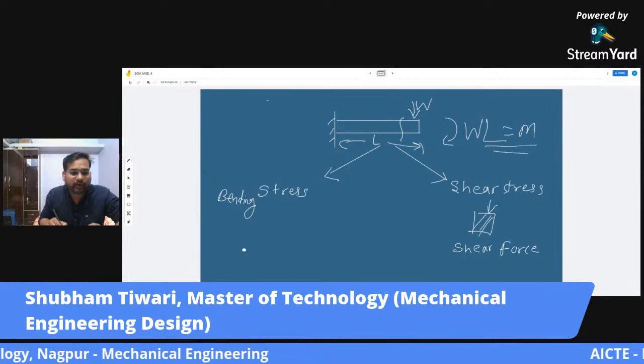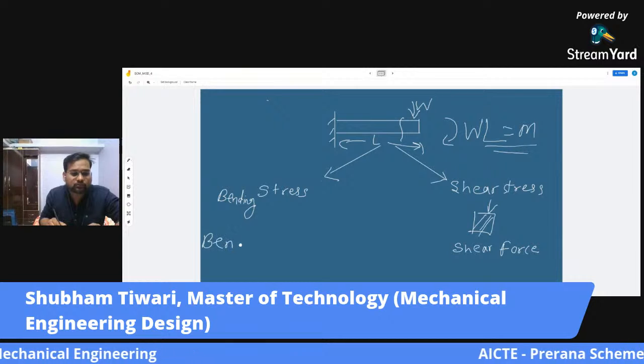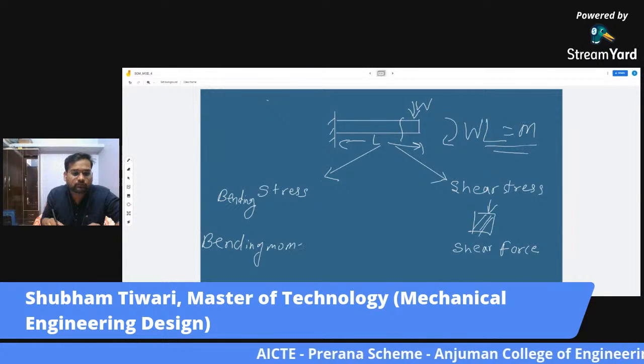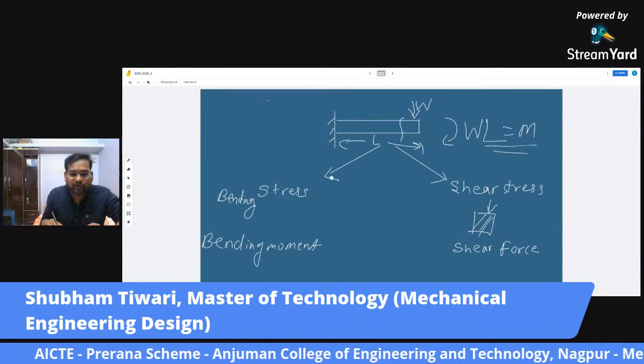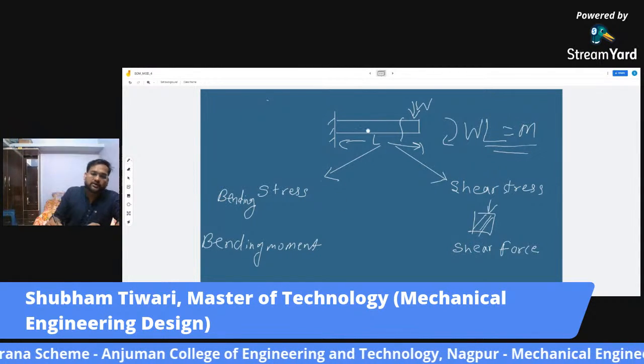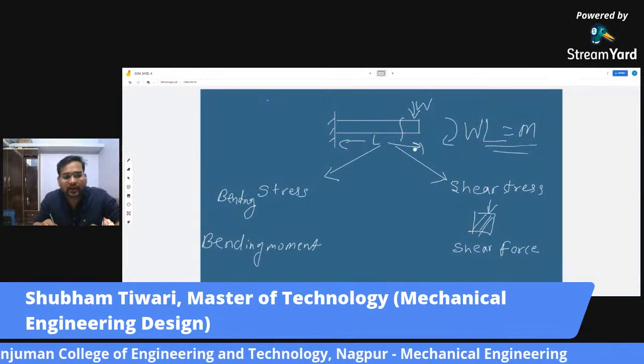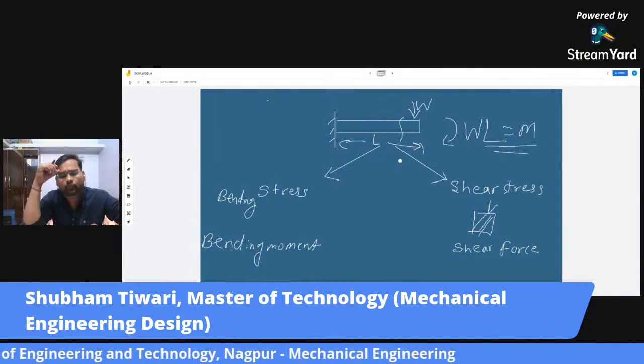This bending moment will be responsible for breaking this beam by means of bending stress.